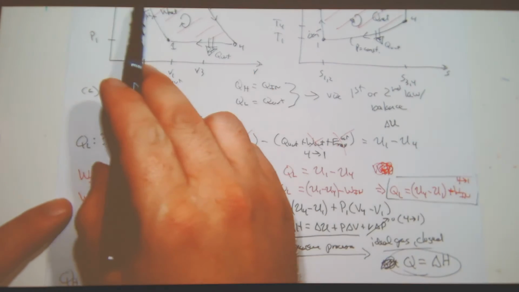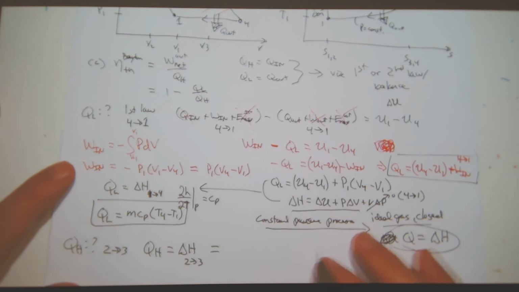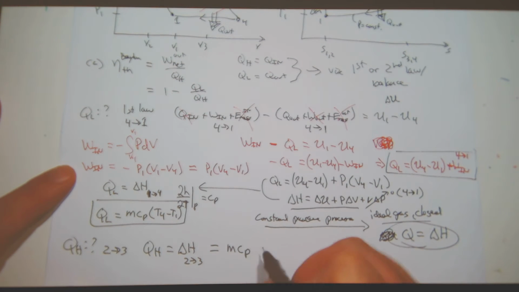And then I can just say that my QH is equal to delta H from 2 to 3, which is equal to m Cp times T3 minus T2.